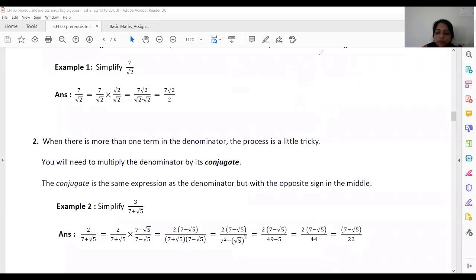Yeah. Now, what about the square root of 8 plus 10 upon root 2?